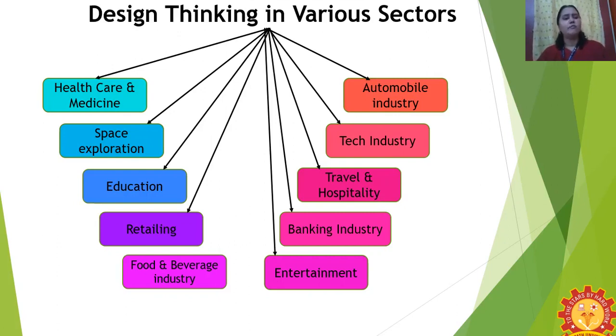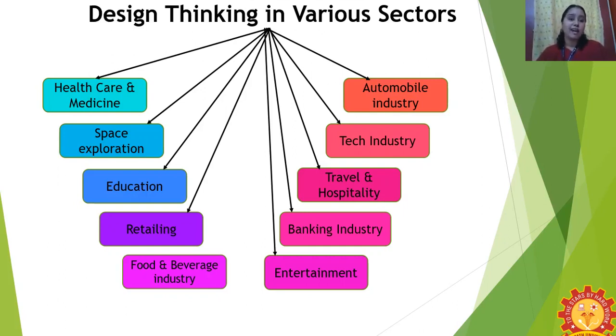Coming to the food and beverage industry, 50 years back we didn't have knowledge of pizzas, pastas, or Chinese food items. Now, because of technology and the out-of-the-box thinking skills of food technicians, today we are able to cook any cuisine in our own kitchens.